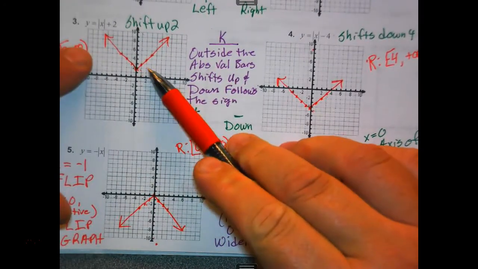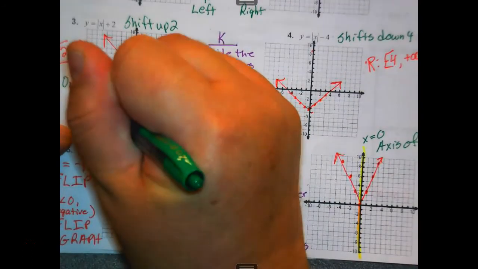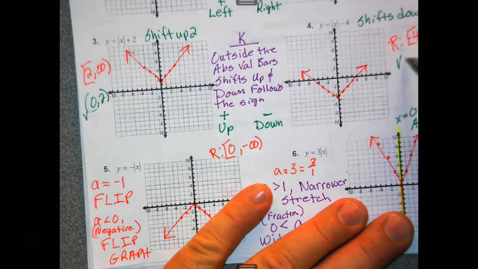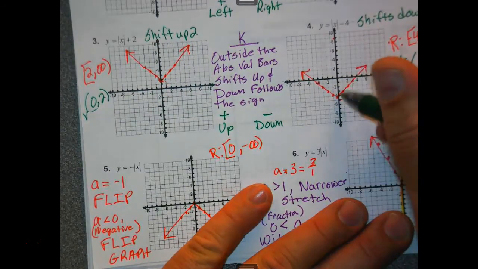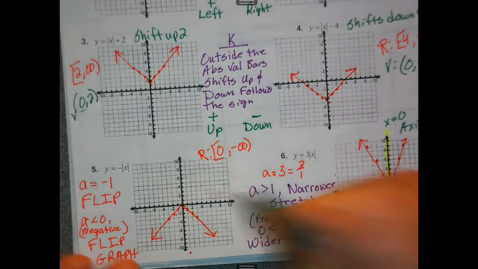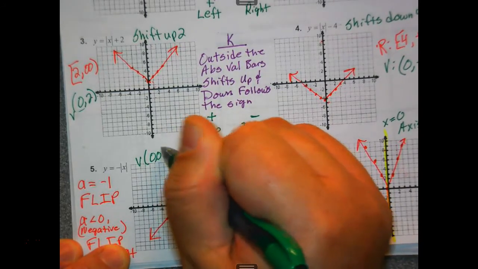What's the vertex for this one? 0, 2, right? That's the vertex. What's the vertex for this one? 0, -4. Okay, what's the vertex for this one? 0, 0.